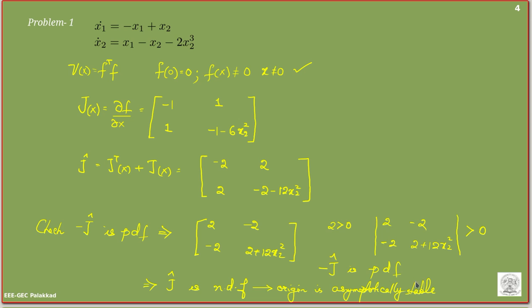We were trying to find out what the topic is. In fact, the topic is on construction of a Lyapunov function and also finding the stability of the system. So we will also find the Lyapunov function here, V of x. We can say V of x is f transpose of x into f of x.